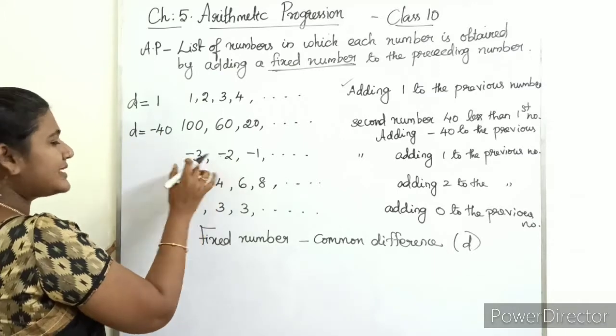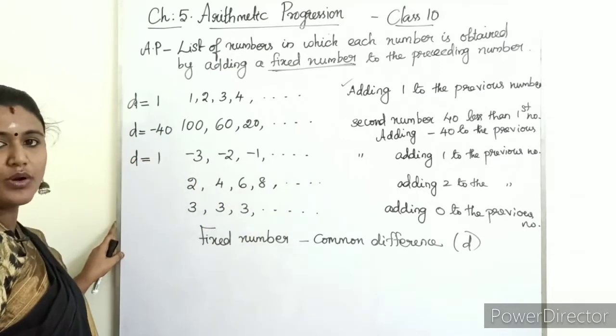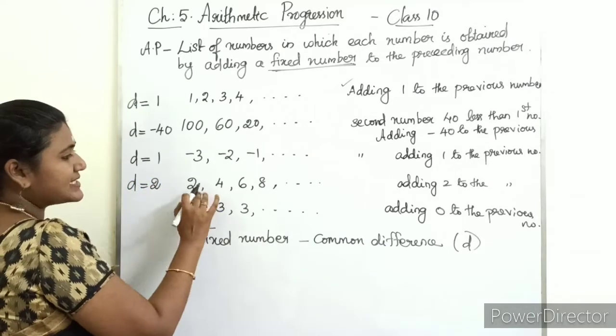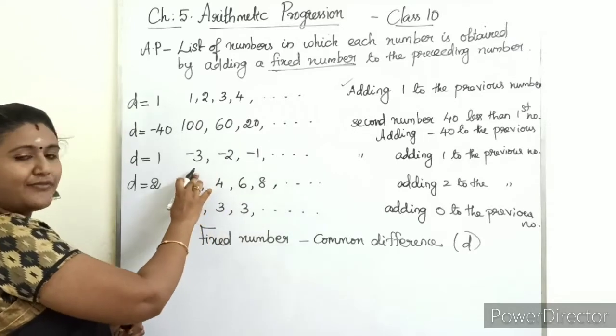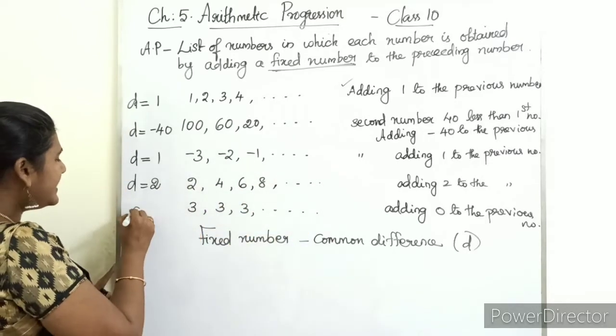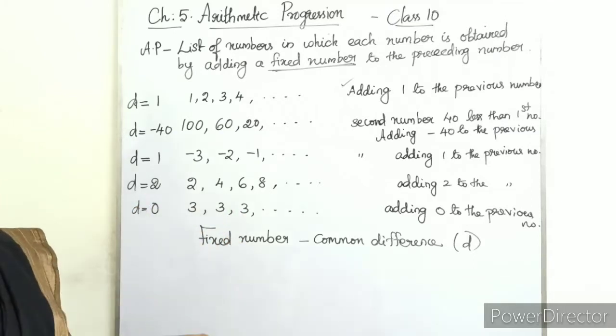And what about the third example? Here we are adding 1, so d is equal to 1. What about the fourth example? d is equal to 2, because we are adding 2 to the previous number to get the next number. And here d is equal to 0, because 0 is added to get the next number.